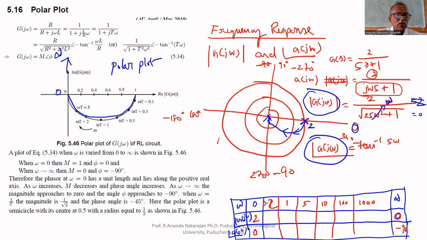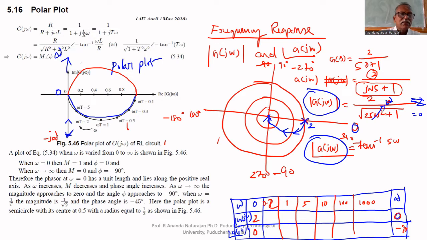Similarly, we can substitute minus j infinity to 0 also. If you substitute like that, you will get a plot like this.